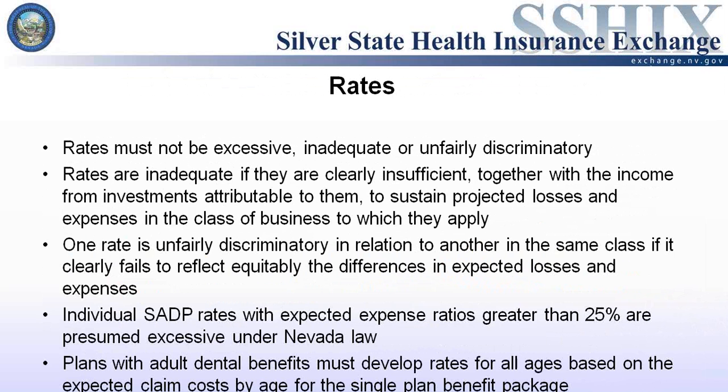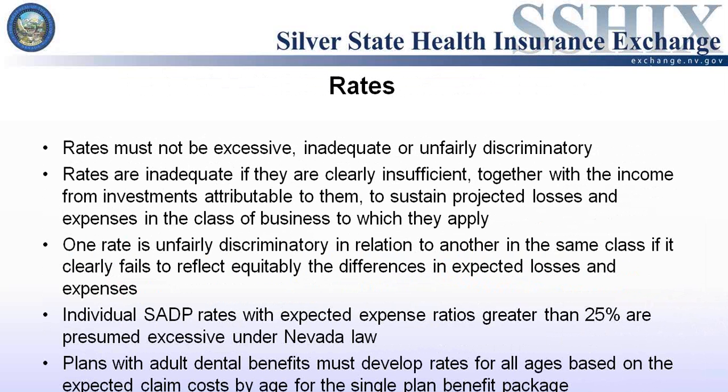I want to focus on the last bullet points on this slide, and that is for those family plans that include adult benefits. When coming up with rates by age for those family plans, you need to treat this plan as one benefit package. We've had some issues with carriers that want to treat these family plans as two distinct benefit packages, and those carriers wanted to rate them along those lines.